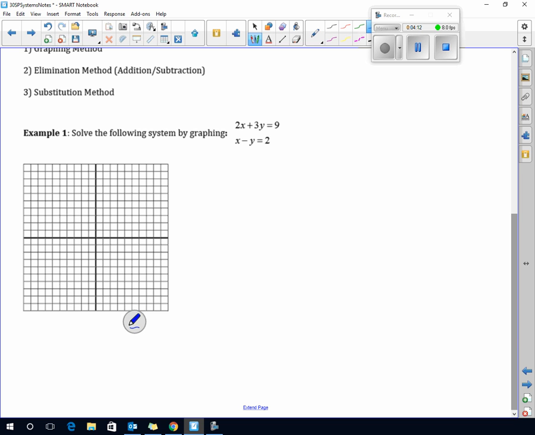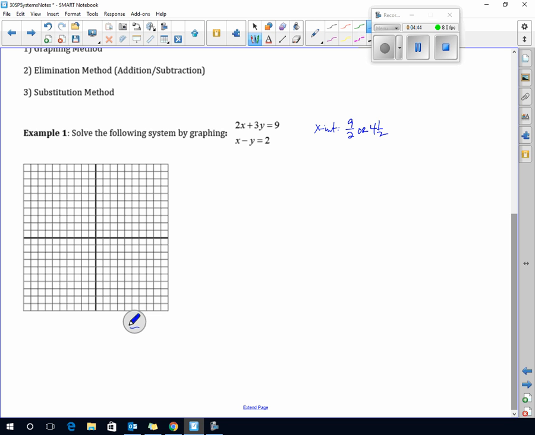Okay, so what's the x-intercept? 9 over 2, or 4.5? Okay, what's my y-intercept? That's an easy one. It's 3.